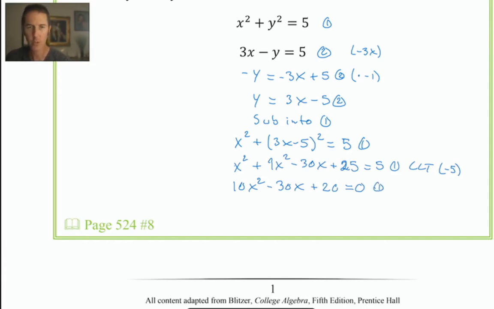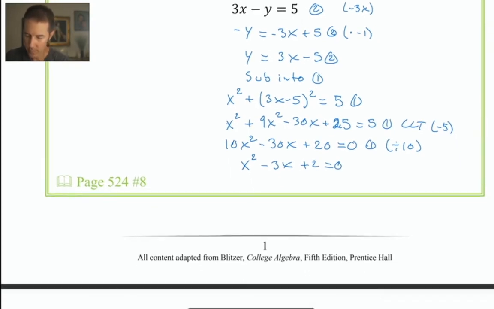And now, in order to make my numbers a little bit smaller, very conveniently, all 3 of those numbers are multiples of 10, so I can divide my entire equation by 10. And we're working with x squared minus 3x plus 2 equals 0. In order to find the x values that make this true, let's factor.